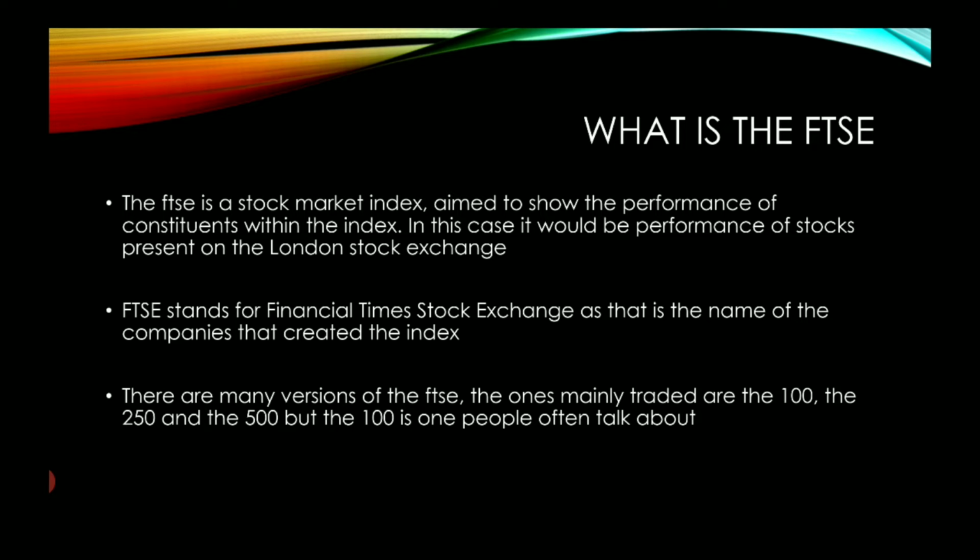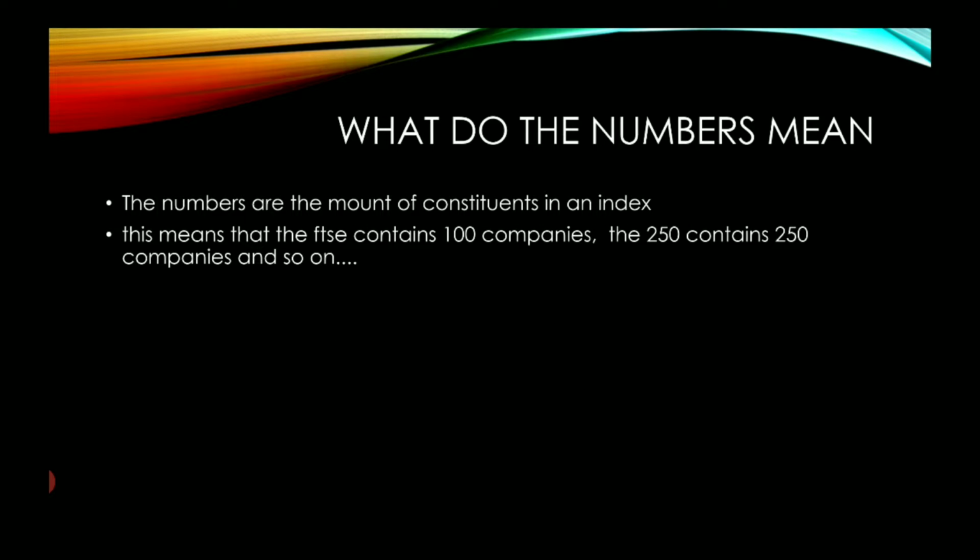So for example, we have the FTSE 250, 500 and 100. 100 is a more common one to trade, but there are also those two versions. So there are many versions. That's something to note because they are not all the same. Like I said, these ones are most commonly traded, and the number is the amount of constituents or companies on the index.